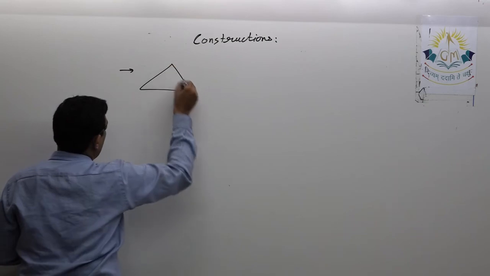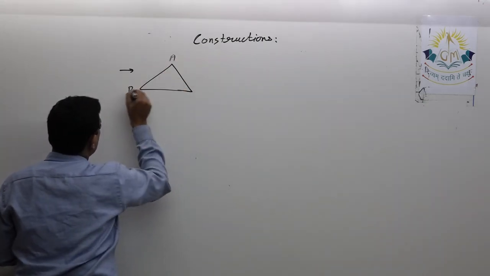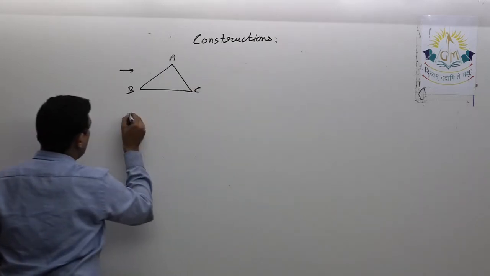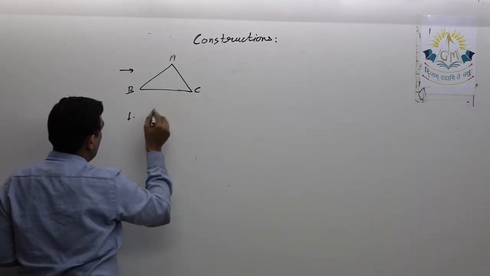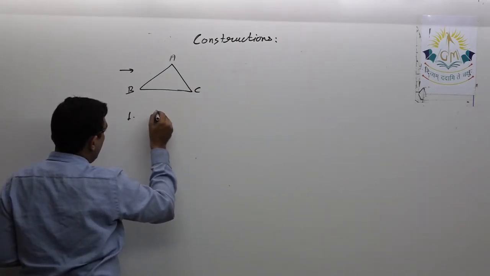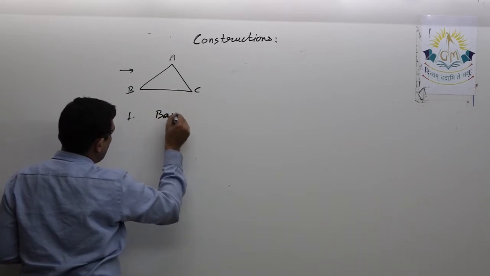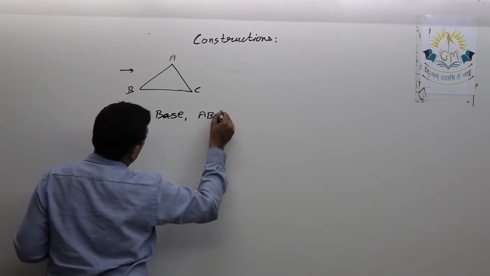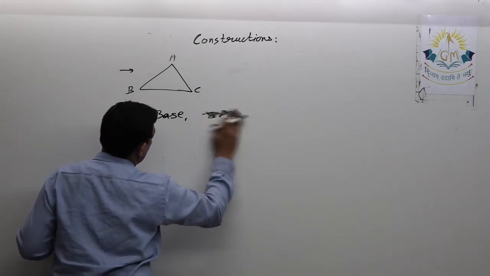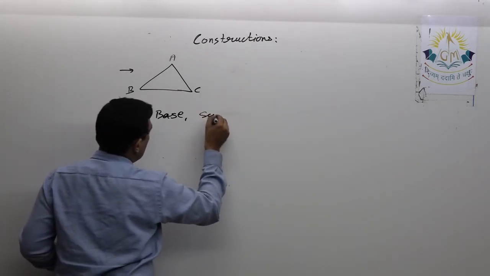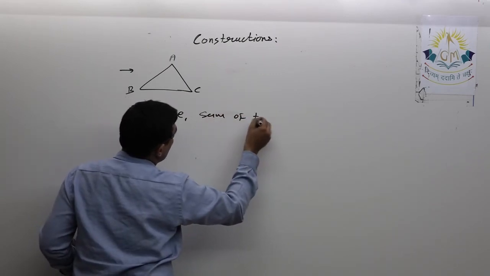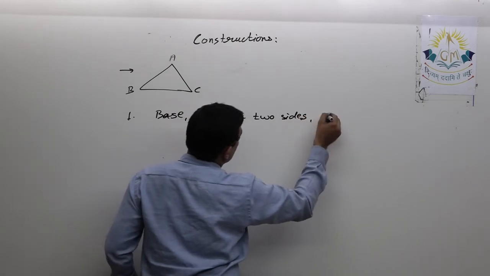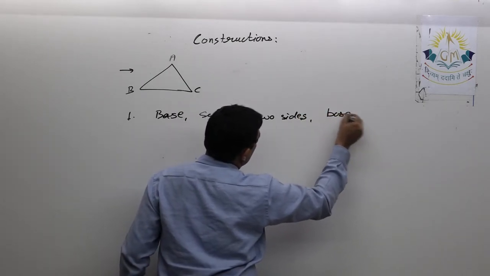Suppose we have a triangle ABC, we have construction of triangle ABC. Now the first type of construction that we have in our syllabus is where the base is given, the sum of two sides is given, I am considering AB plus AC, and a base angle is given.